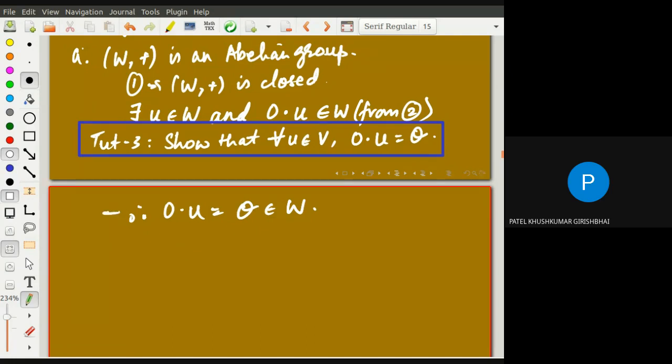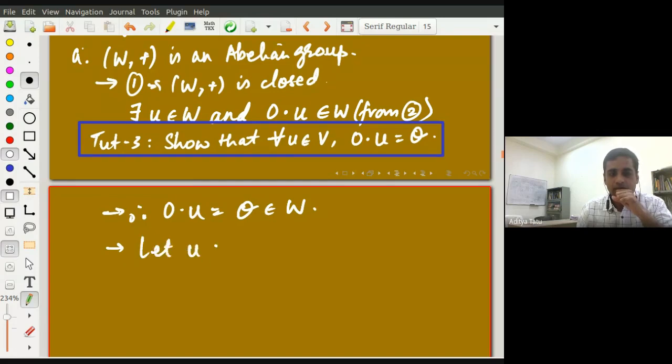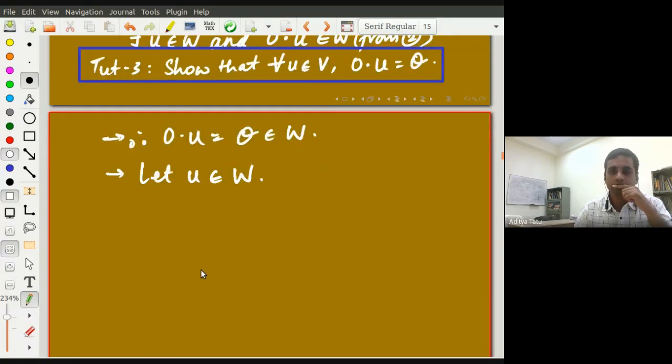Inverse. How about inverse? Let U belong to W. Why will the inverse of U also be in W? Again, I'm running out of time, so let me complete this.